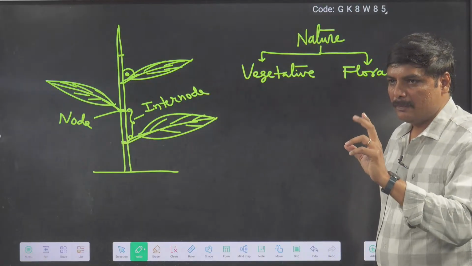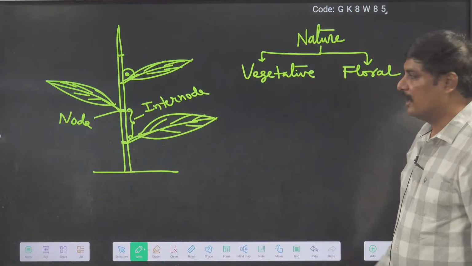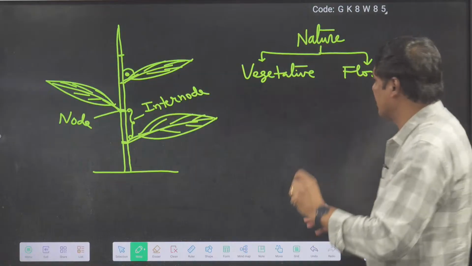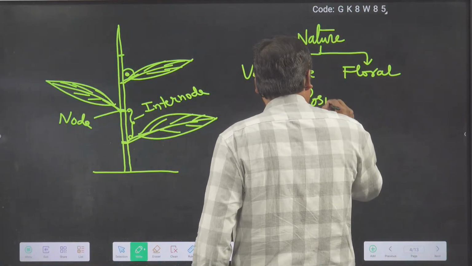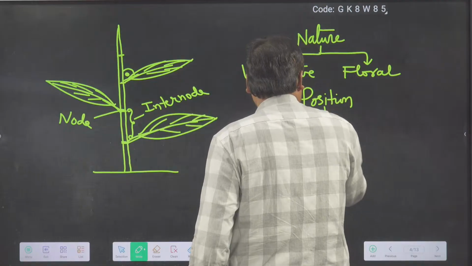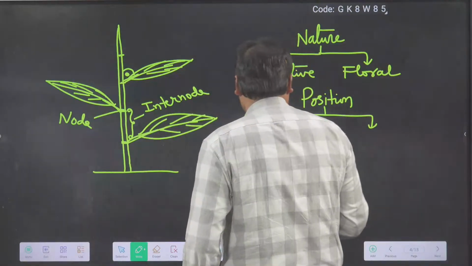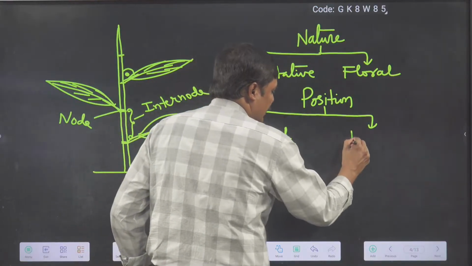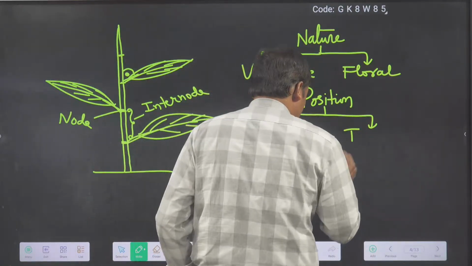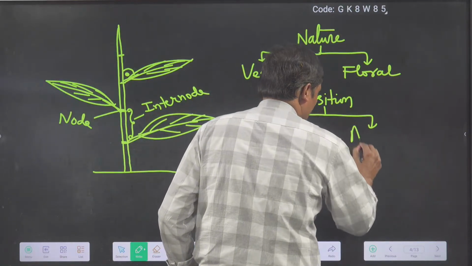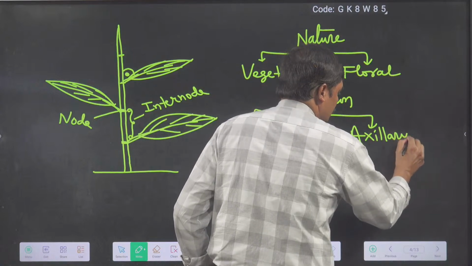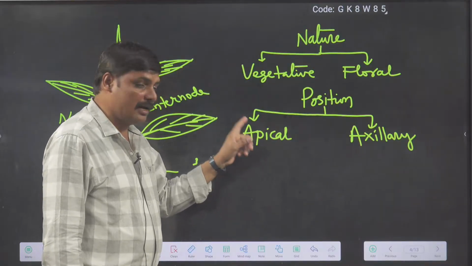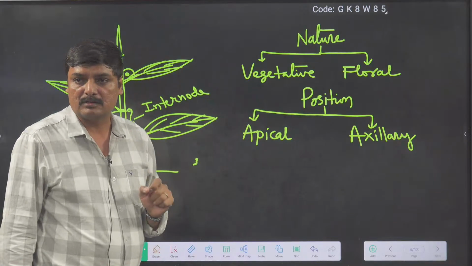Based on the position, the buds are divided into two types: apical or terminal buds, and axillary or lateral buds.